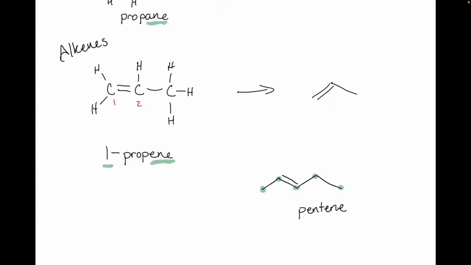I still use that pent prefix because there are 5 of them, but now I have that different ending, that ene ending. And then I have to indicate the position of that double bond. That double bond is located on carbon 2, or between carbons 2 and 3. So I indicate its position with the 2. This is 2-pentene.